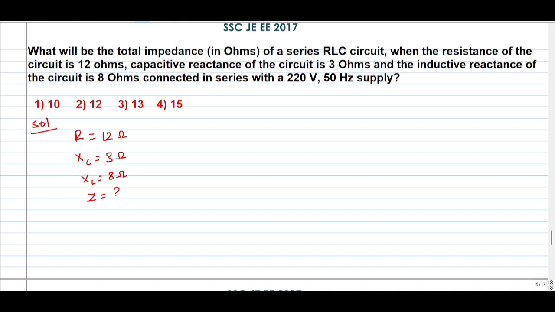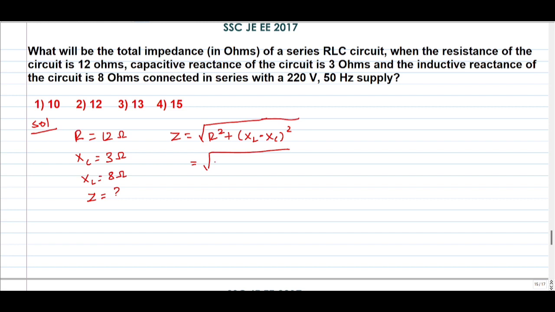So the formula for the total impedance is Z is equal to root of R square plus XL minus XC whole square. Okay, this is the formula. Since we have the values for R, XL and XC in the given question, we just need to substitute the values here.